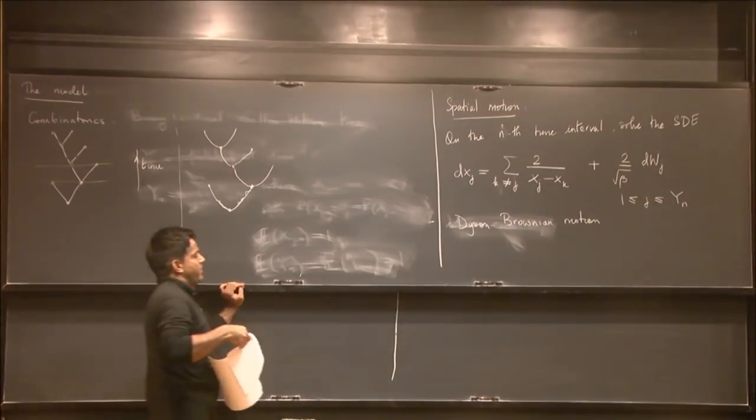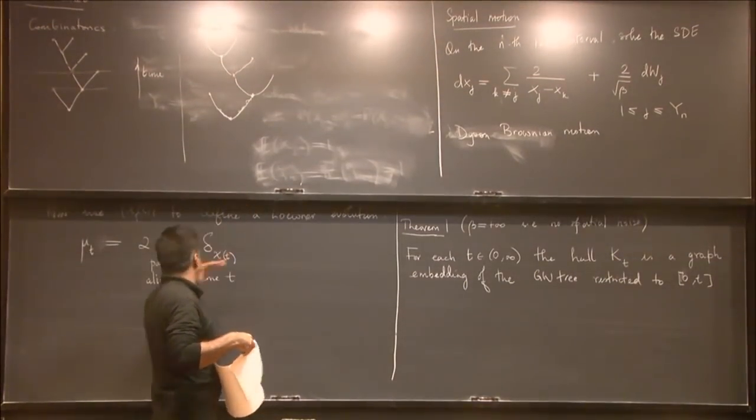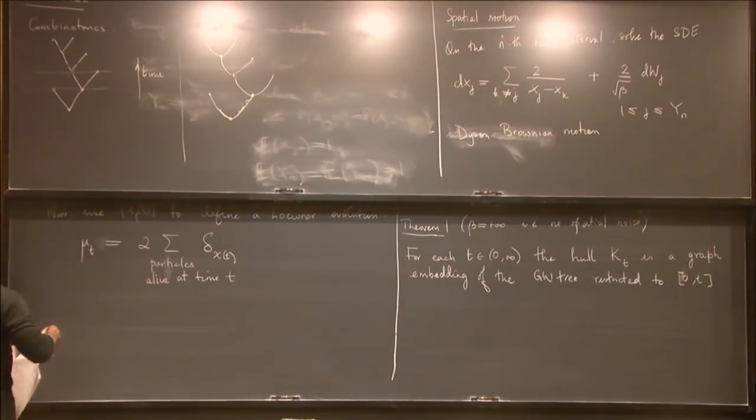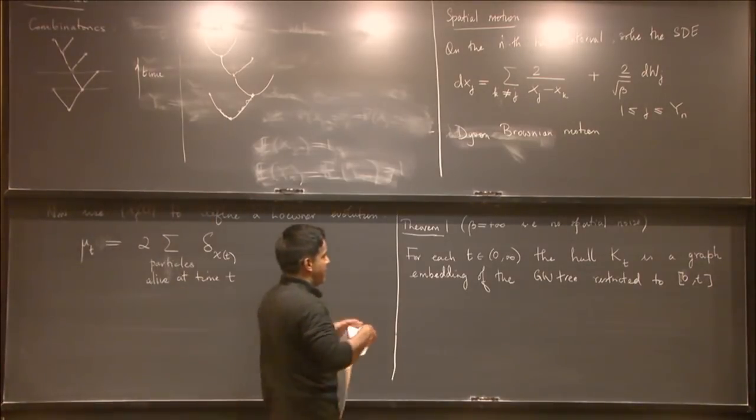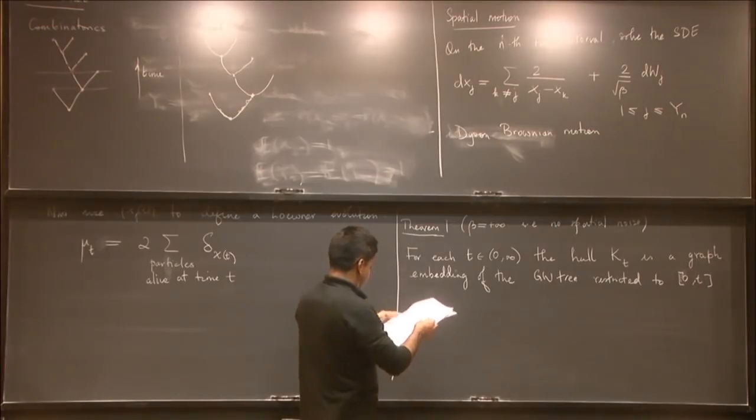So for any finite time, the image I'm seeing in the upper half plane is going to be topologically exactly the same as that. But in fact, we can say a little bit more.